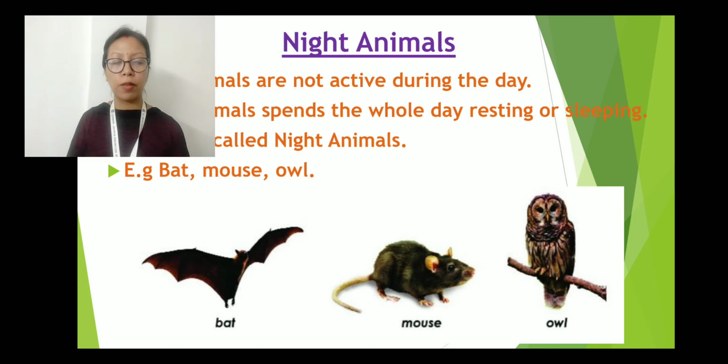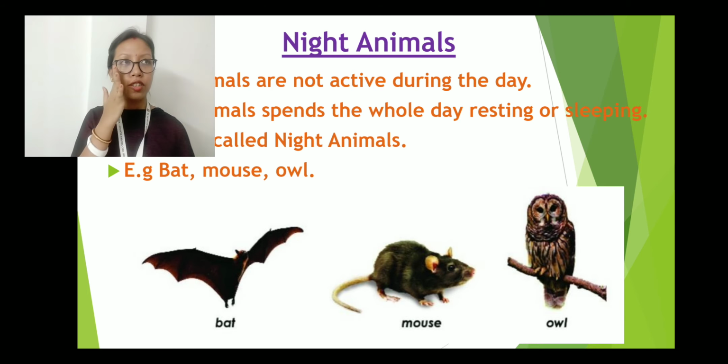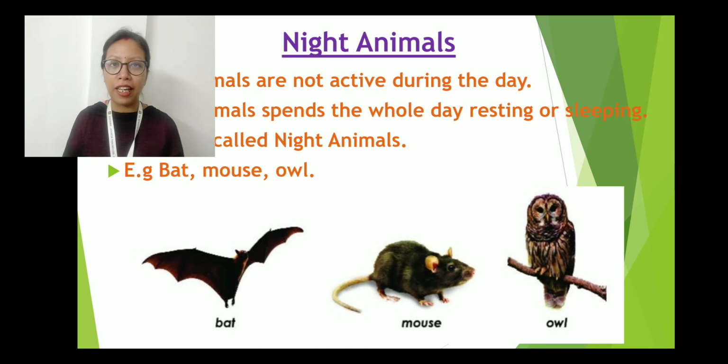I'm not going to talk about bat or owl, but about the mouse. Especially as soon as the night arrives, you can see the mouse, right? If somebody might have it at your home, they used to make some noises while they try to eat something, right?